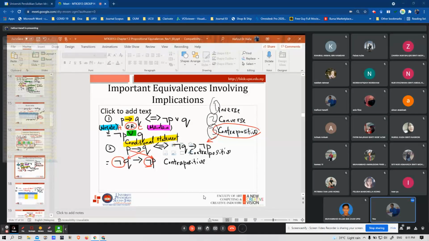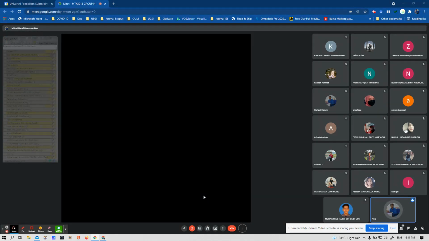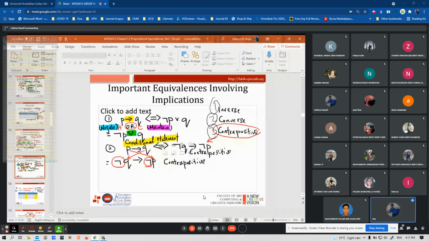What is the inverse? In the last slide I explained what the inverse is.